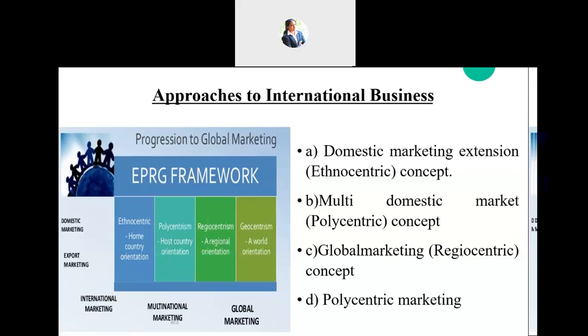And this is one of the approaches which always finds a balance between both global integration and local response.